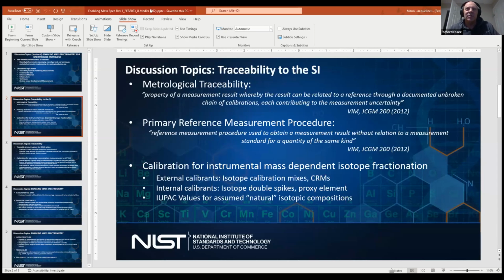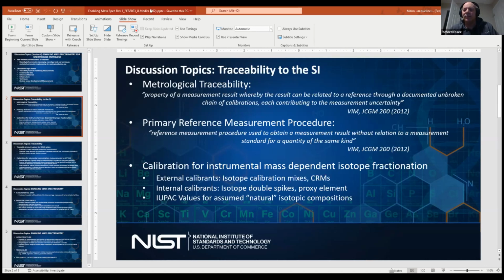The reason for this second definition, a reference measurement procedure used to obtain a measurement result without relation to a measurement standard for a quantity of the same kind, is because frequently with mass spectrometry we can have metrological traceability, but that doesn't necessarily mean we're using a primary reference measurement procedure.